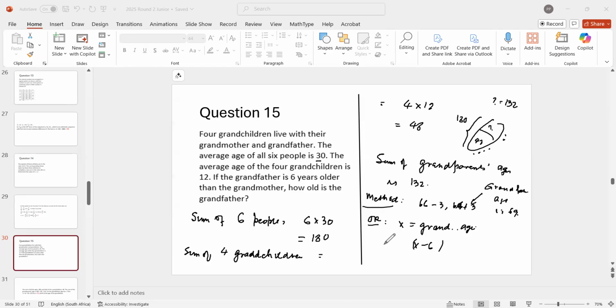And the sum of these two ages, grandfather plus the grandmother, is, we know, 132. We've just said that the sum of the grandparents' ages is 132. So you've got 2x is equal to 132 plus 6. Take the 6 to the other side, and you get 138. So 2x is 138, and therefore x is 69.